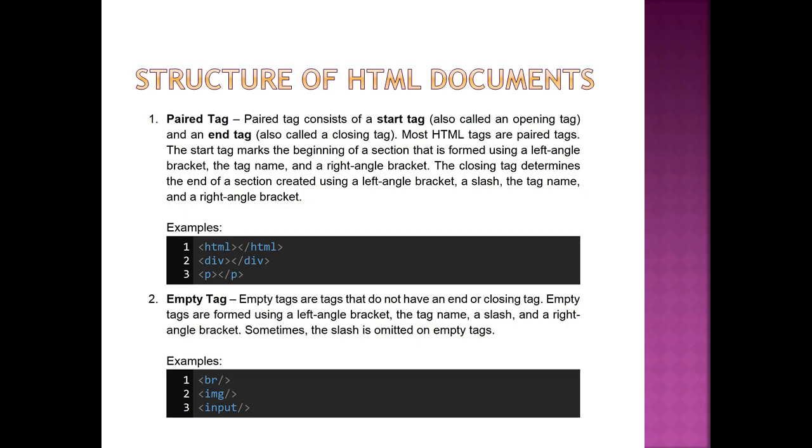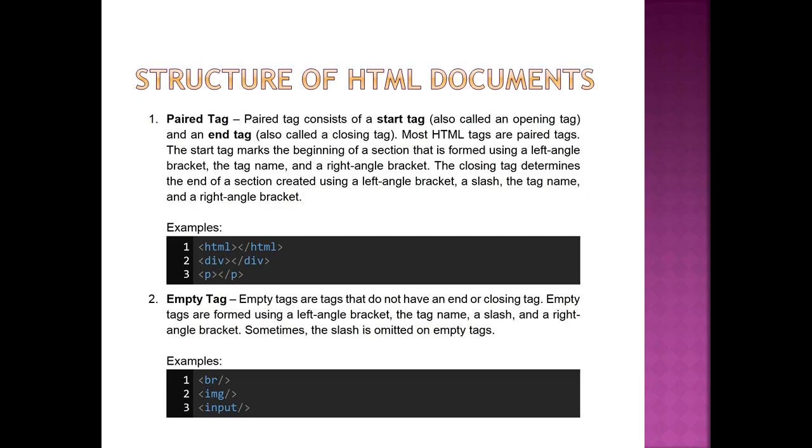We have the start tag, and the end tag, or what we call the closing tag, which contains a slash before the tag name. Then we have the empty tag. An empty tag is an HTML tag that doesn't need a closing tag or an end tag.